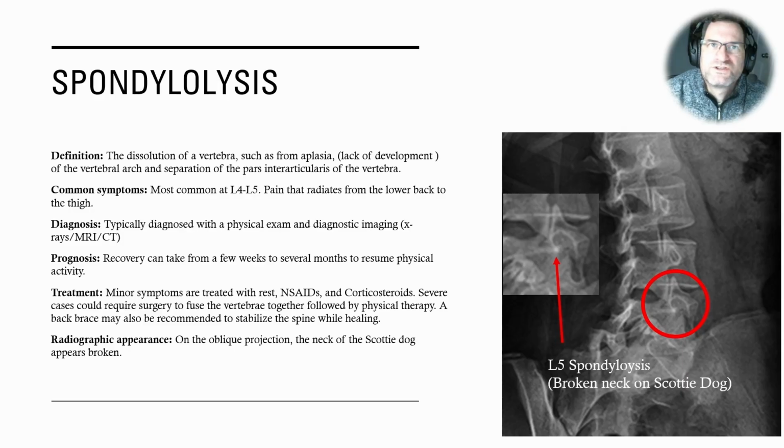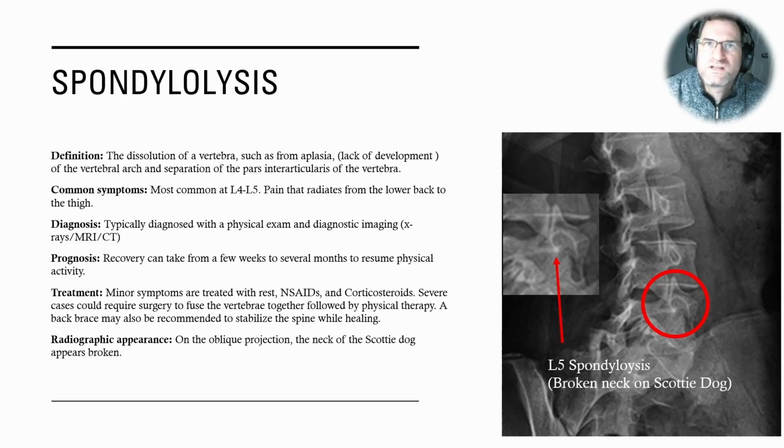The definition of spondylolysis is the dissolution of a vertebra, such as from aplasia, lack of development of a vertebral arch, and separation of the pars interarticularis of the vertebra. Symptoms: most common at L4, L5, the pain radiates from the lower back to the thigh. Diagnosis: typically diagnosed with a physical exam and diagnostic imaging, usually x-rays, MRI, or CT.